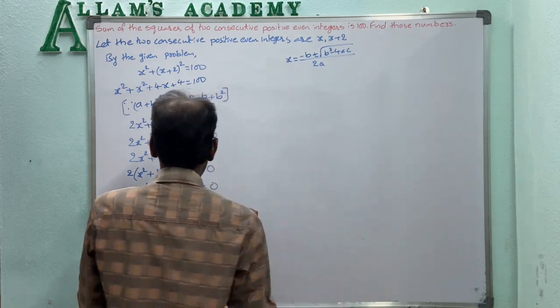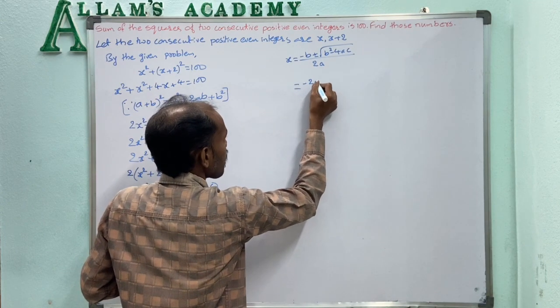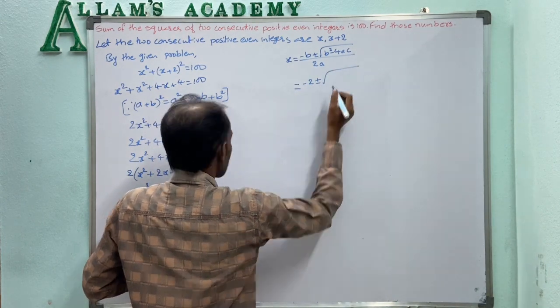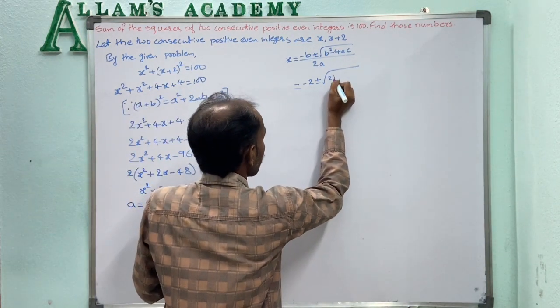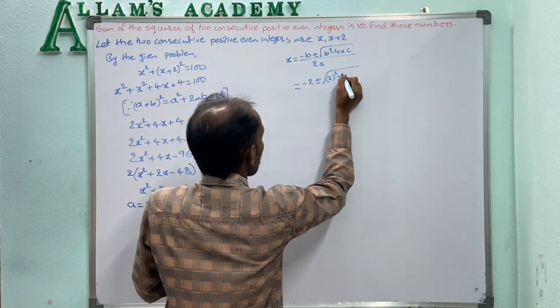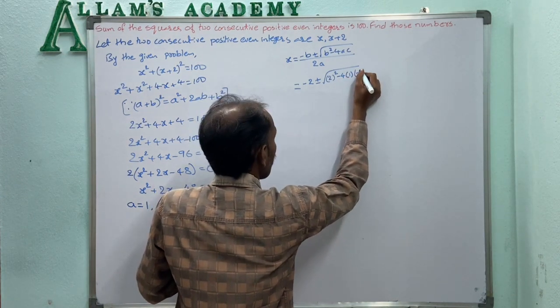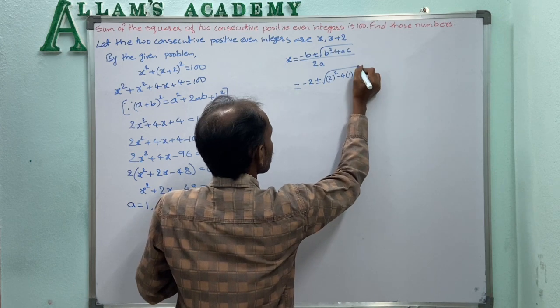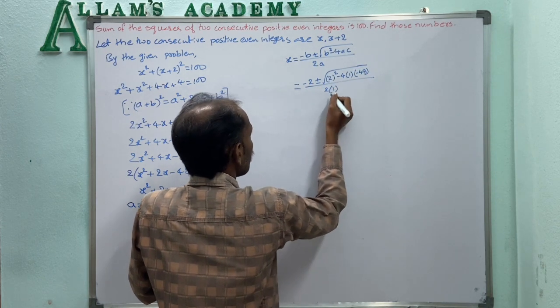Now here b equal to 2. So x equals minus 2 plus or minus under root 2 whole square minus 4 into a, which is 1, into c, which is minus 48, by 2 into a, which is 1.